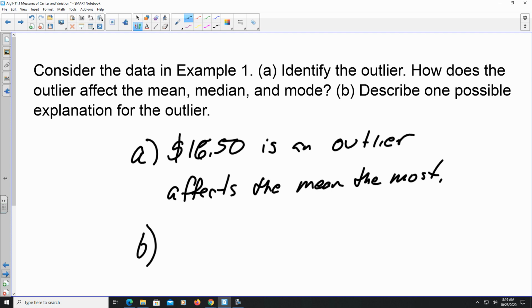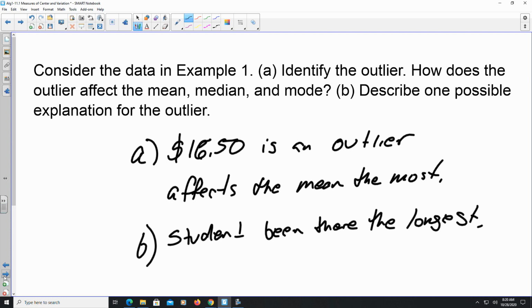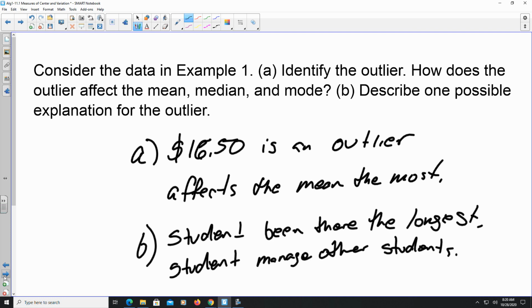For part B, they ask you to describe one possible explanation. I could give you a couple. Maybe that student's been there the longest, or they give that particular student some type of role where they manage other students at the amusement park, so they give them a raise of some kind.